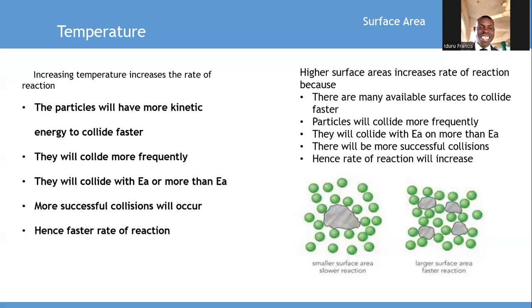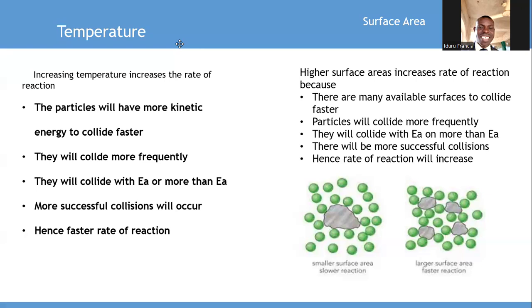Let's consider surface area. What do we mean by surface area? Surface area has to do with the amount of surfaces available for collision during chemical reaction. A lump of a chemical will just have a surface.